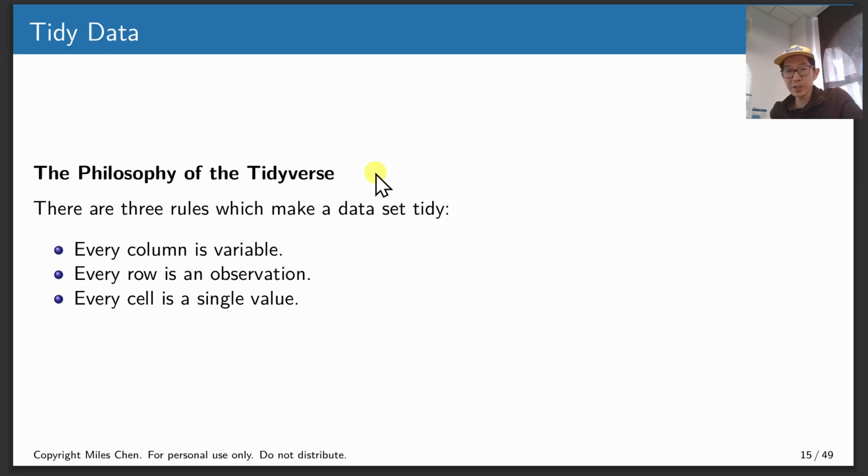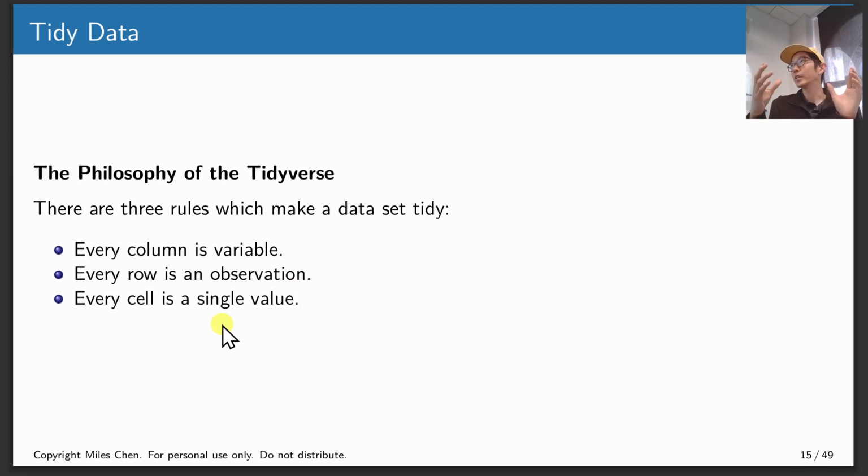All right, so this is the philosophy of the tidyverse, or the opinions: every column is its own variable, so each column should be one variable, and each variable gets its own column. Every row is an observation, and every cell is a single value. Now, there's a caveat when we say every cell is a single value, because you can actually have lists or vectors within a single cell.